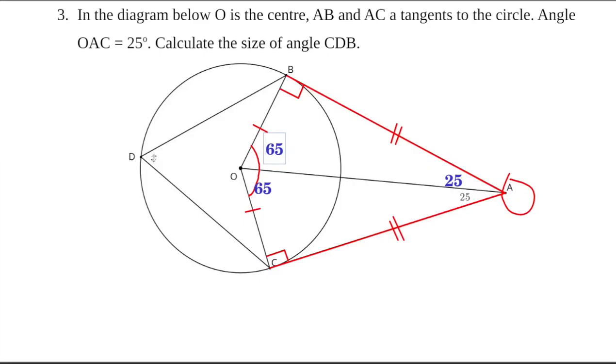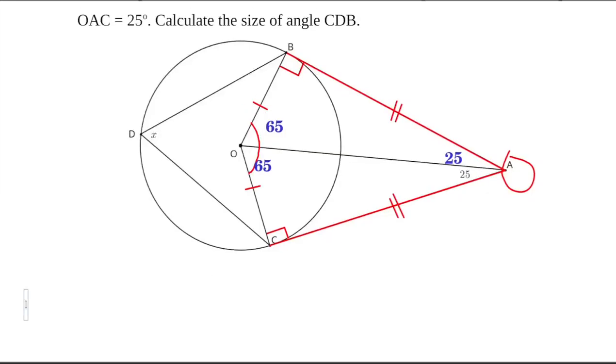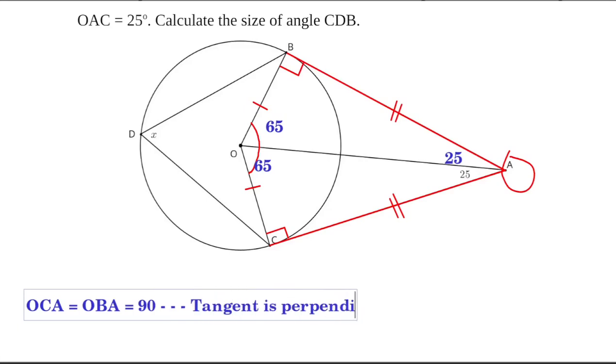Now let's write the proper presentation for this one. With angle OCA being equals to angle OBA being equals to 90 degrees. The reason: tangent is perpendicular to radius.